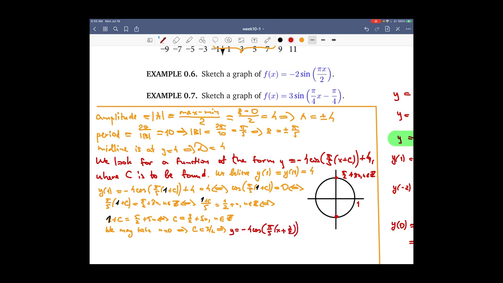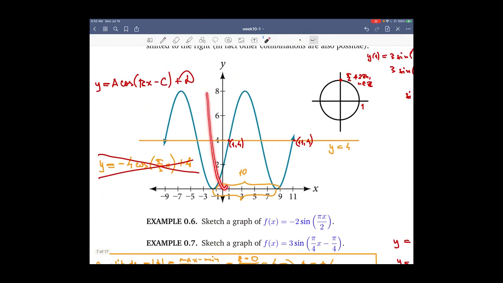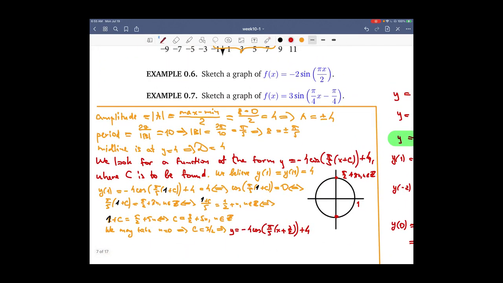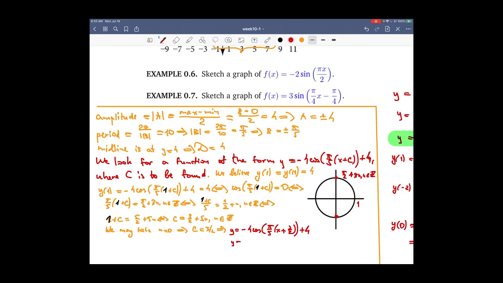It's a good sign, by the way, that c is positive, because we're really shifting to the left. So, after simplification, we get y equals -4 cosine of (pi over 5 x plus 3 pi over 10) plus 4.